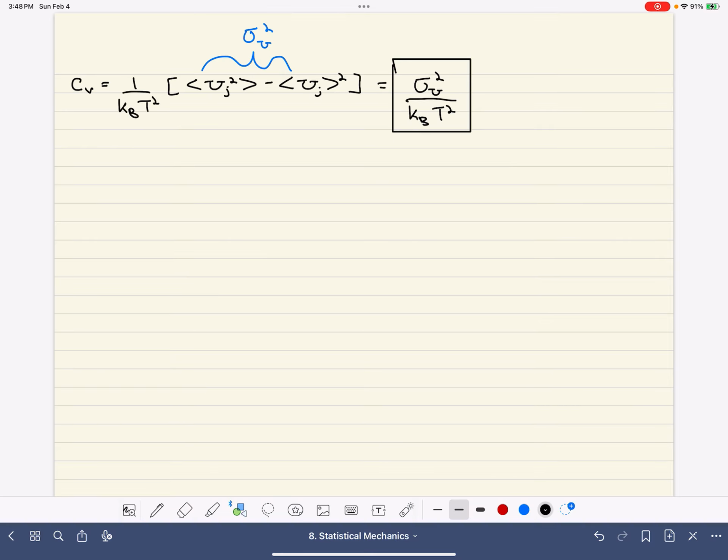So here, the variance, which is the direct measure of the fluctuations of the energy in the system, we find that the heat capacity is directly proportional to it. CV is proportional to the variance of molecular energy.